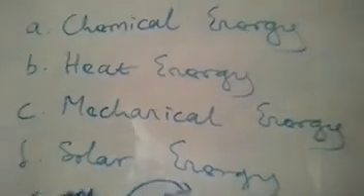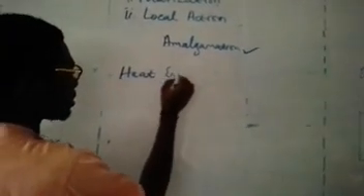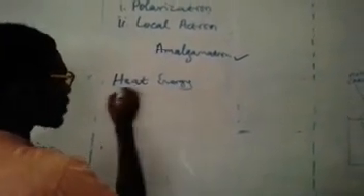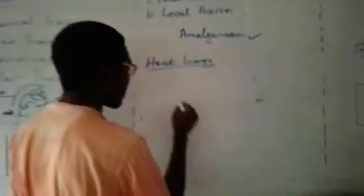Heat energy. How do we produce electrical energy through heat? Electrical energy can be produced through heat using two dissimilar metals.